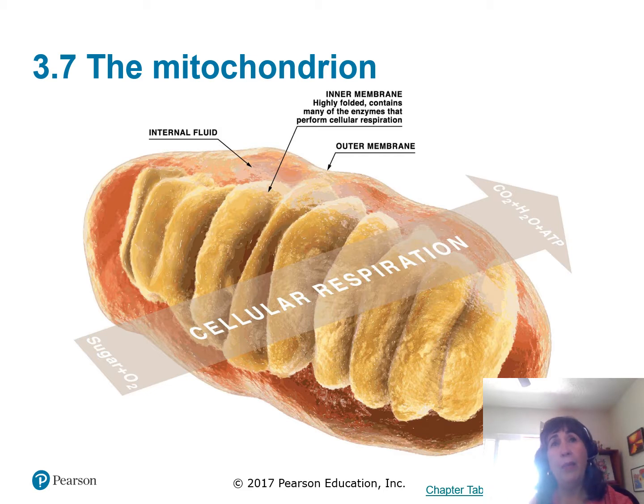So here we see a mitochondrion, and notice it too has an inner and outer membrane. And this is where sugar, in the presence of oxygen, is converted to energy in the form of ATP. And at the same time, you can see it releases CO2 and water.